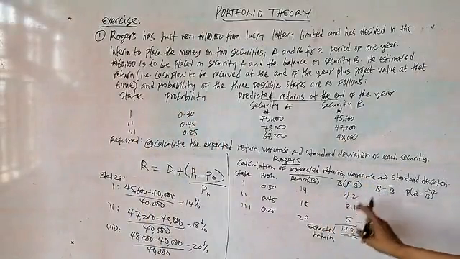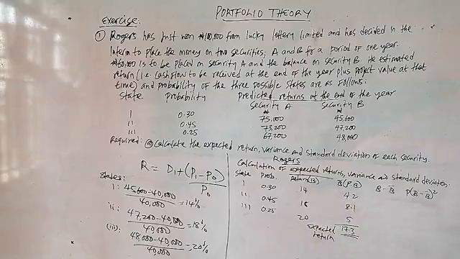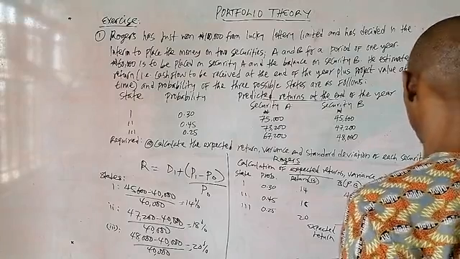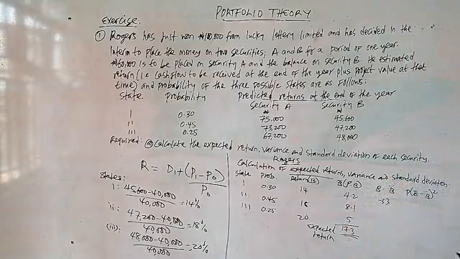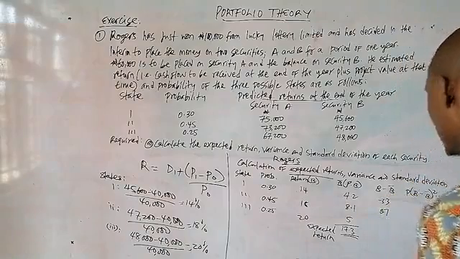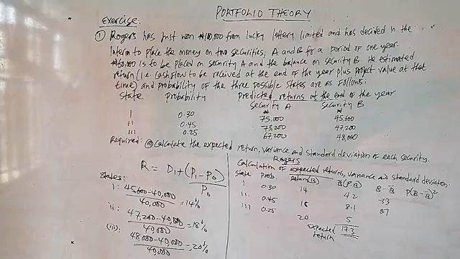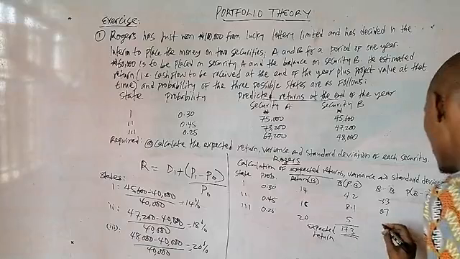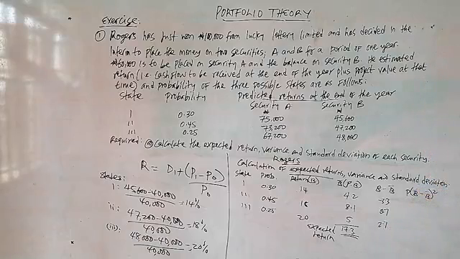So our variance uses B minus B bar. 14 minus 17.3 is minus 3.3, a negative. 18 minus 17.3 is 0.7. 20 minus 17.3 is 2.7.